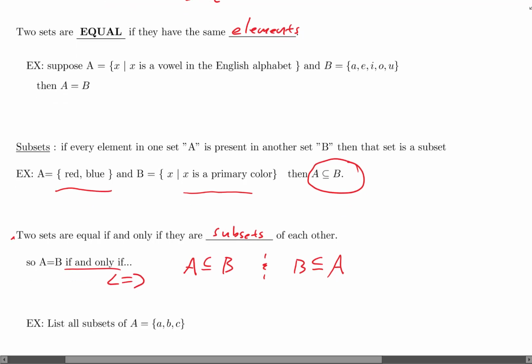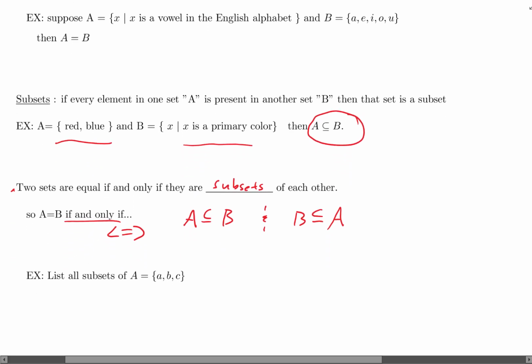So let's look at all the subsets of this set A, where A is A, B, C. So first subset is all of them. Right, that would be one of our subsets. Another subset would be where we just contain two of them: AB, AC, and BC.